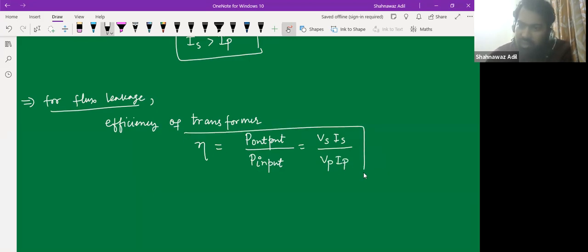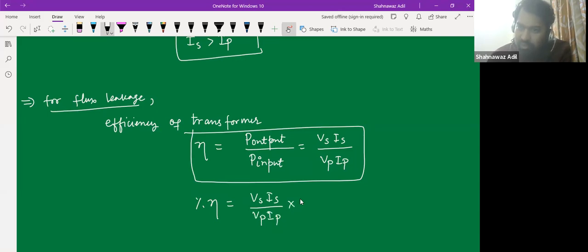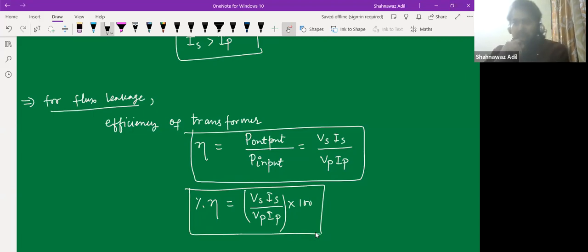And if I want to calculate the percentage efficiency, it would be just this thing multiplied by 100. So these are the things that we have to remember in transformers.